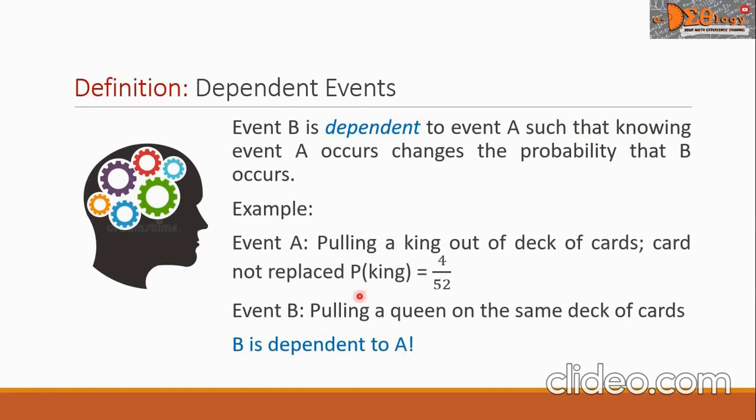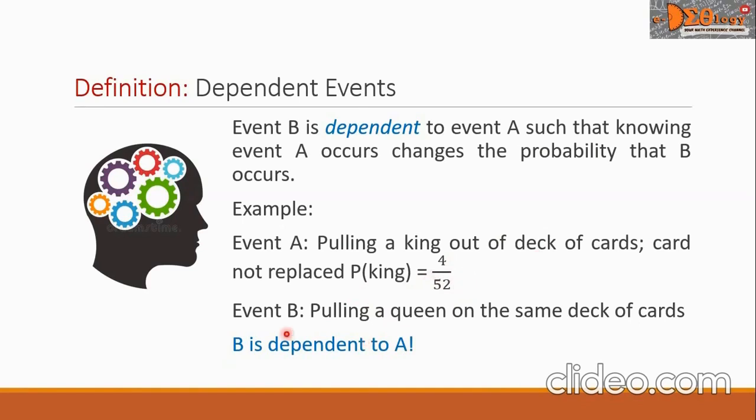because the probability of getting a king is equal to 4 over 52. There are 4 kings in a deck of cards, and 52 is the total number of cards.